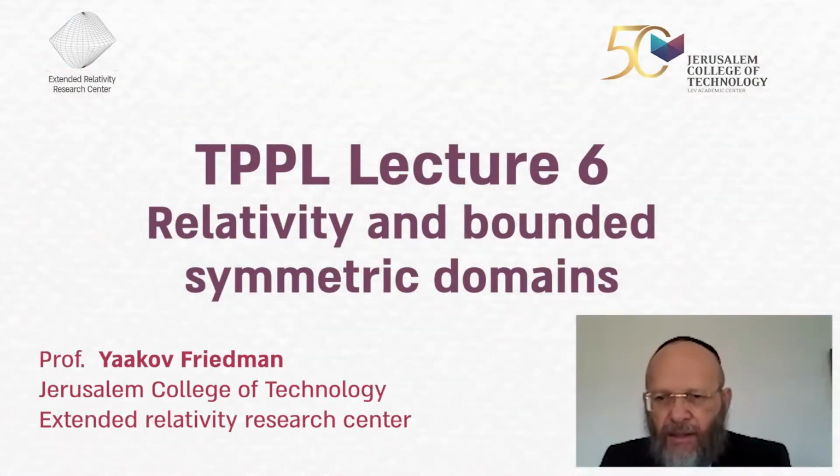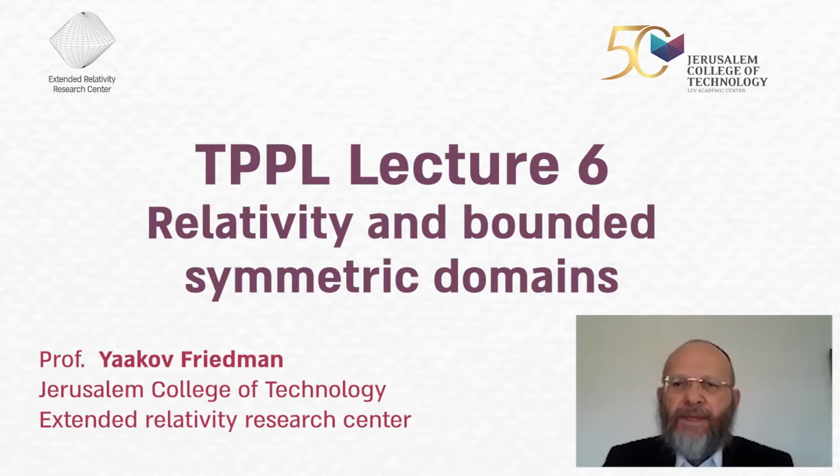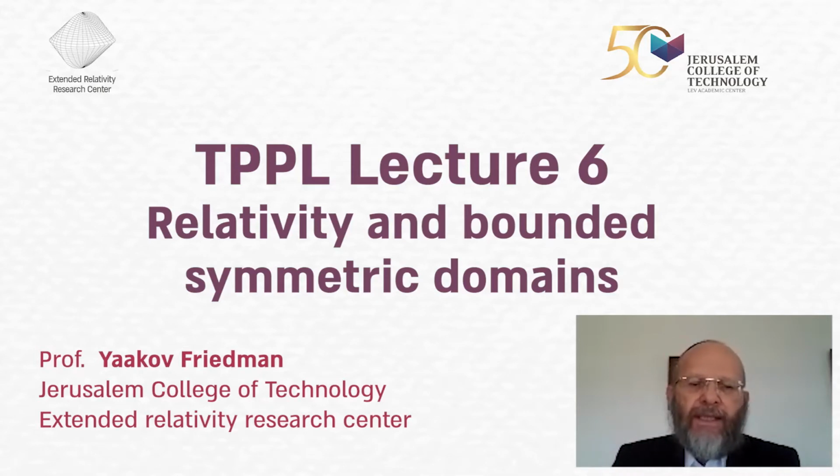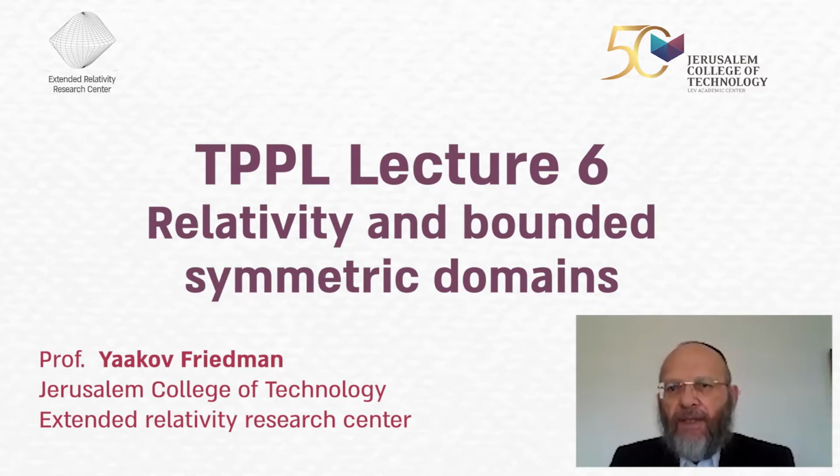We discussed the Lorentz transformations. We started basically relativity theory, and what we have seen is that the same principle, the same symmetry, the principle of relativity, which was used for classical mechanics, is used also in relativistic theories.